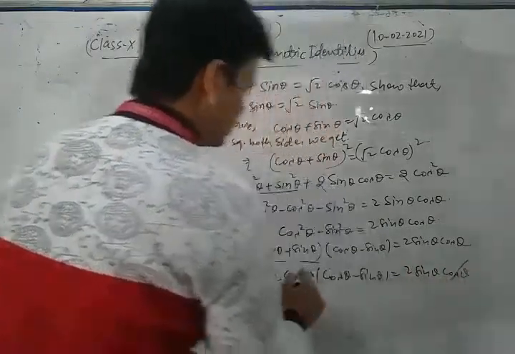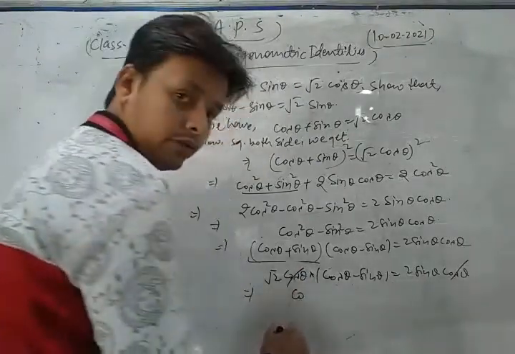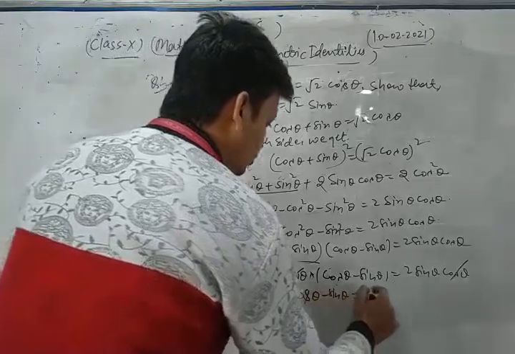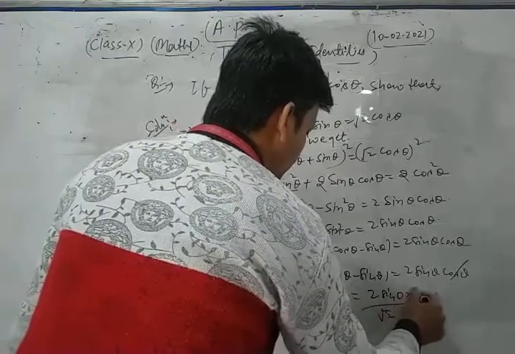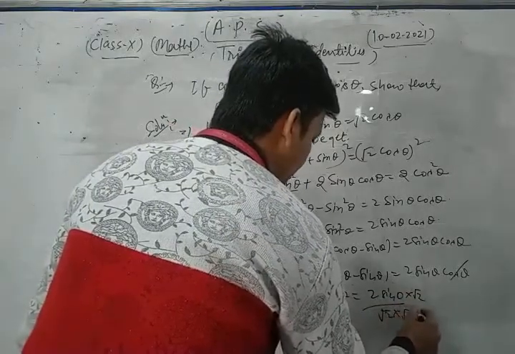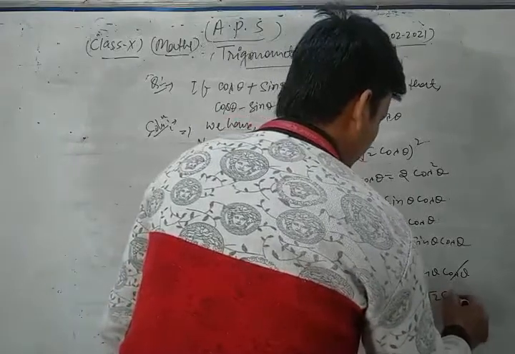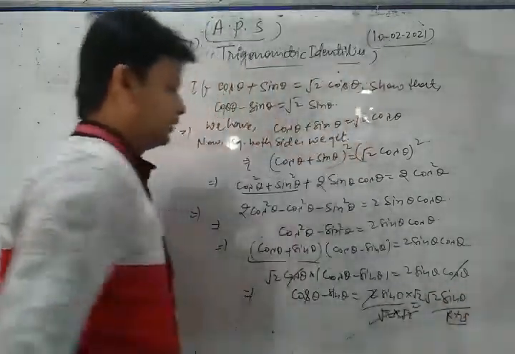Now cos theta cancels on both sides, so the value of cos theta minus sin theta is equal to 2 sin theta upon root 2. Now we multiply root 2 in both the numerator and denominator, so we get root 2 sin theta. This is our right hand side.